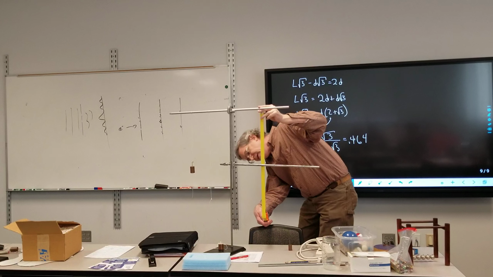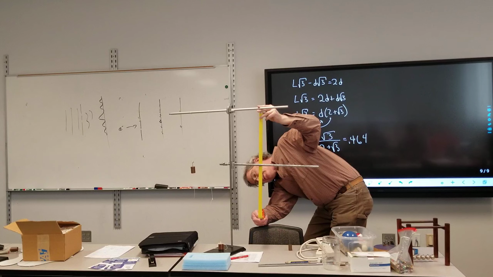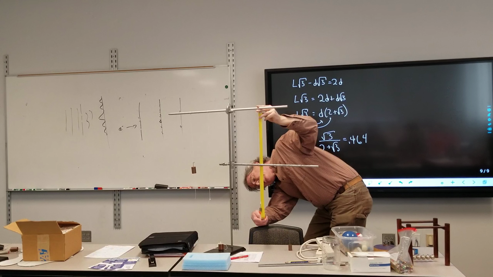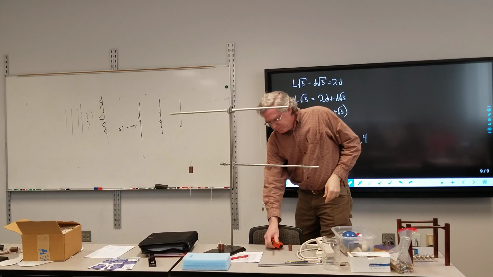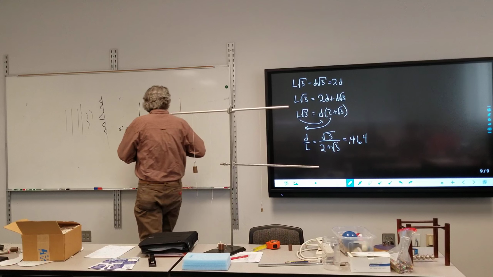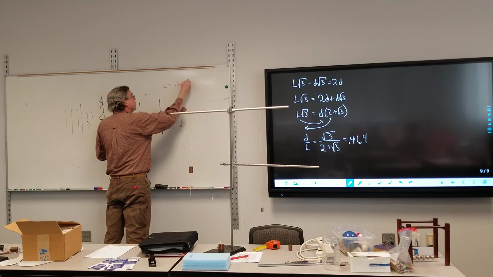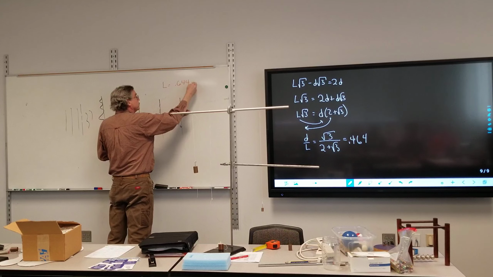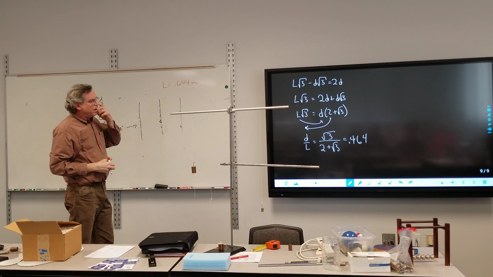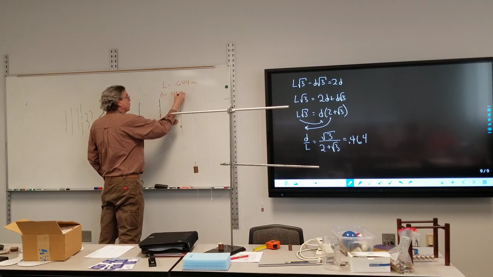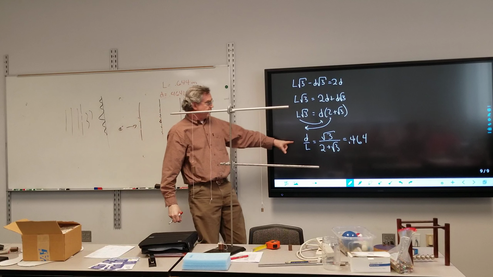In the middle here, 0.644. So L is 0.644 meters. So the bar D is equal to 0.464 times L, based on that.